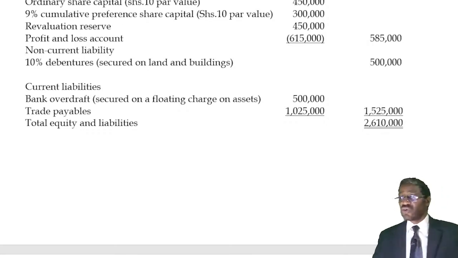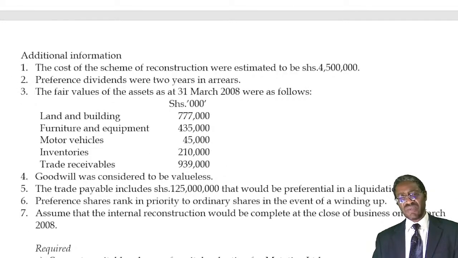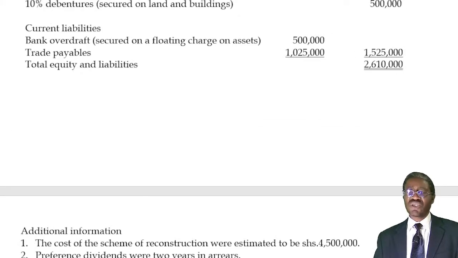Listen, but you also remember there is a note, I think number 5, which said something concerning them. Note number 5 told us trade payables include 125,000 or 125 million that would be preferential. So if the creditors according to the balance sheet were 1025, out of which 125 are already preferential, which we have already used, how many out of 1025 are unsecured?